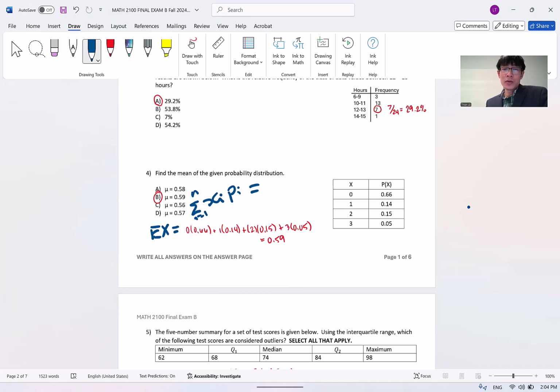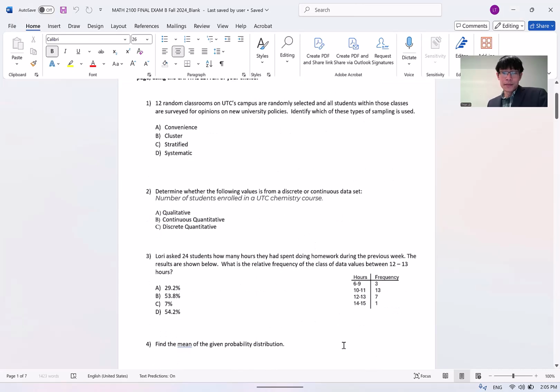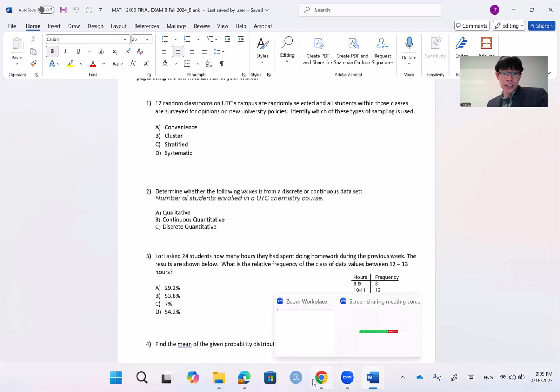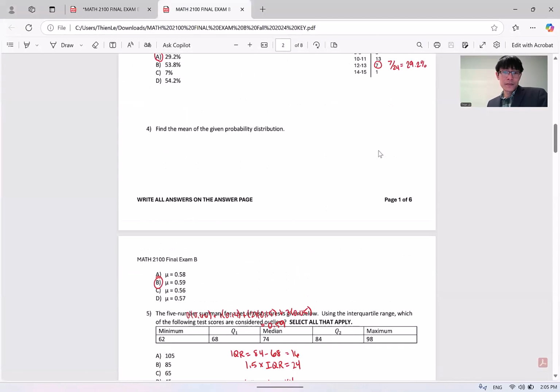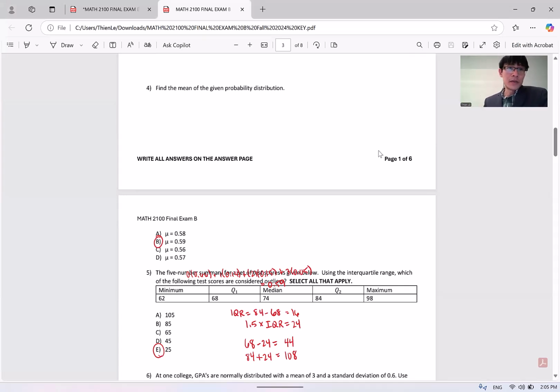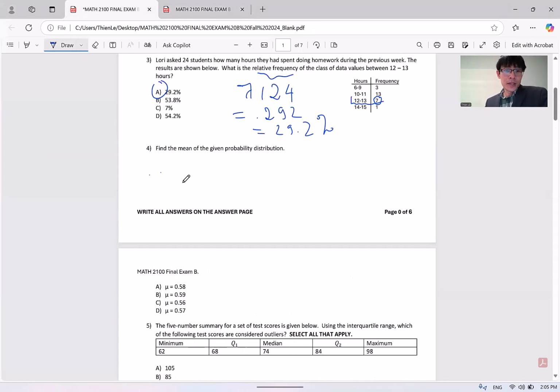So it will be 0 times 0.66 plus 1 times 0.14 plus 2 times 0.15 plus 3 times 0.05. If you add them together, you get mu equal to 0.59. So B is the correct choice here.